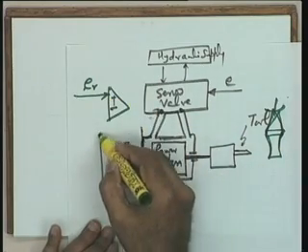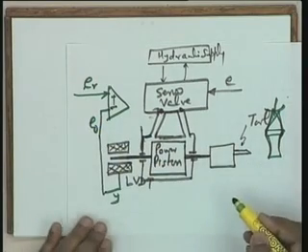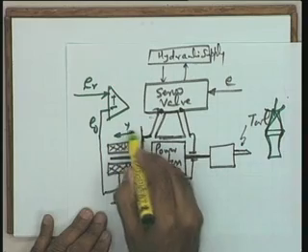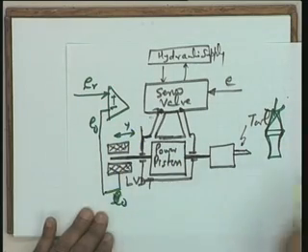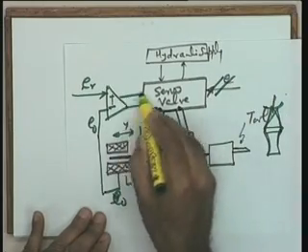As has rightly been said, the feedback signal in this case is E naught, which is proportional to Y. Y is the movement of the tool, which is the movement of the core of the LVDT.